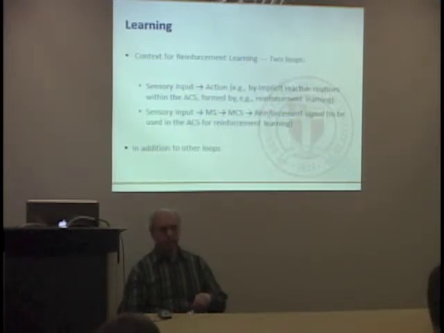The other way is this circuitous way with the MCS, where the MCS can do much more subtle monitoring, like looking at an end state for a goal and seeing how close the current state is to the end state and giving a reinforcement signal based off of the proximity to the goal state, or providing positive feedback for something which diminishes the deficit of a drive.